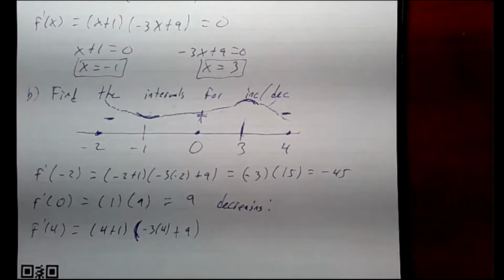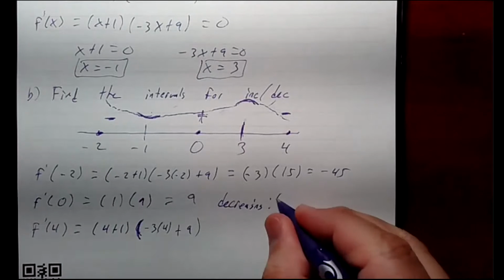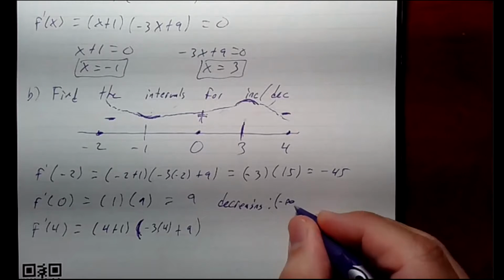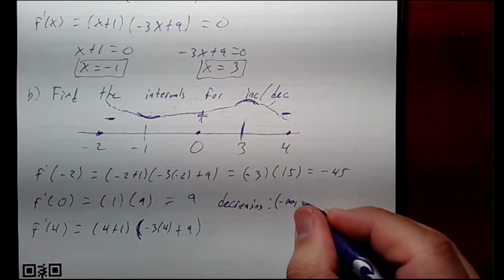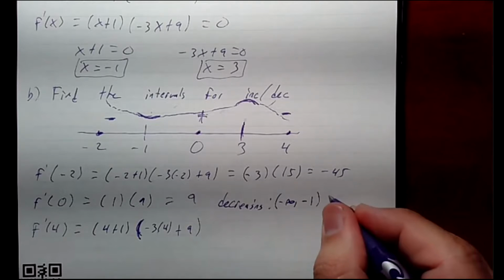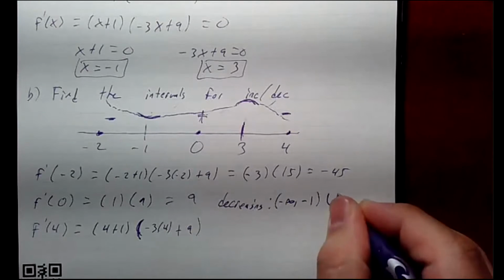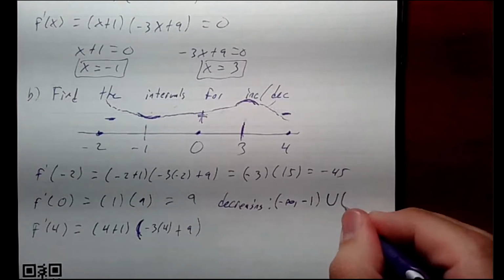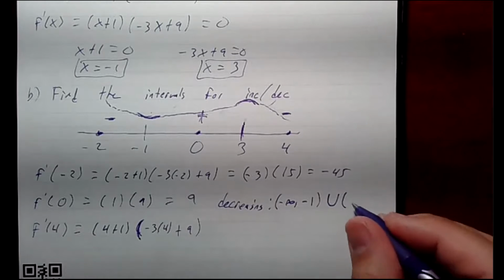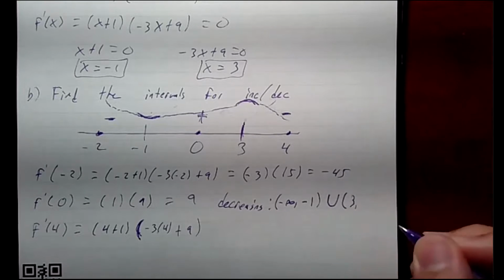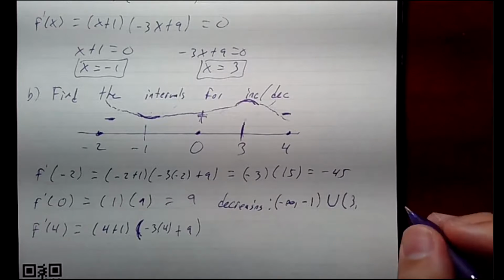I guess it'd be decreasing from negative infinity to -1, and then we put some kind of symbol, right? Union or something like that, from 3, the parentheses 3 to positive infinity.